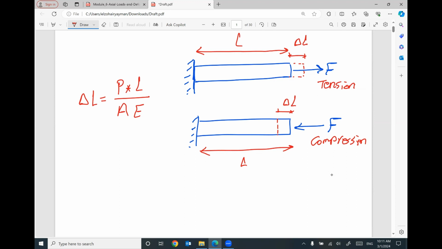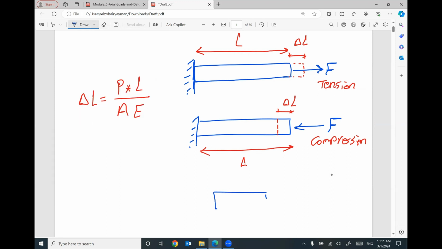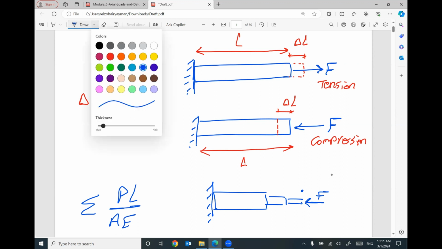If we have many members connected together, like this one, and this one, and this one, and we have an applied force, the final elongation or the final contraction at the free end here will be the summation of P times L divided by A E for each part.